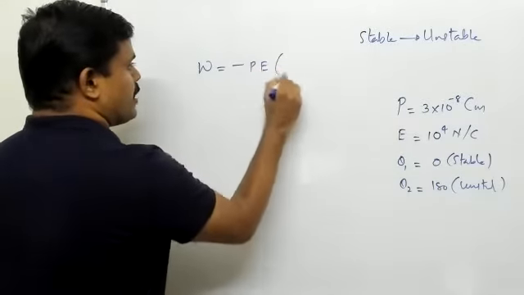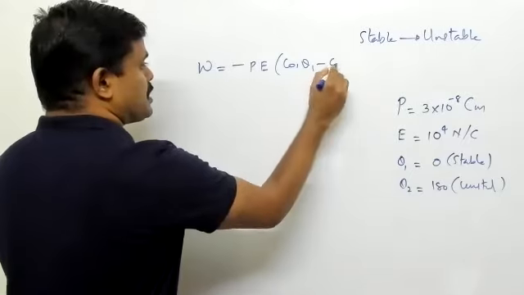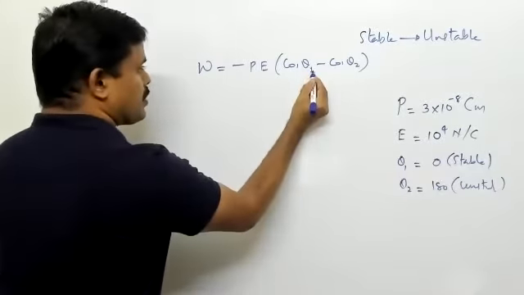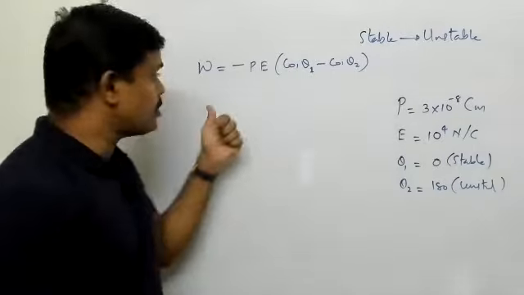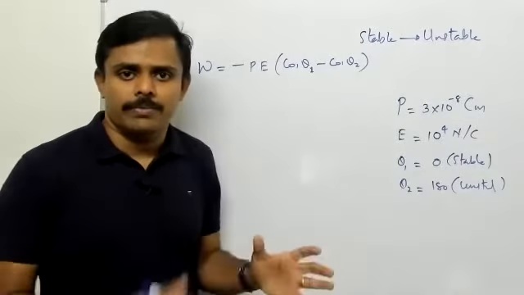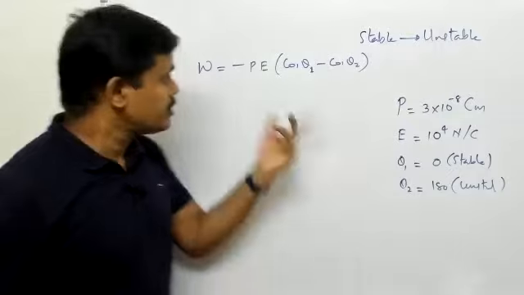Okay, so let us find the equation for work done. Let us do it together. Minus P into cos theta 1 minus cos theta 2, right? Do you remember this equation? We wrote it earlier, no? This is the work done to rotate a dipole from theta 1 to theta 2. So just put the values here.